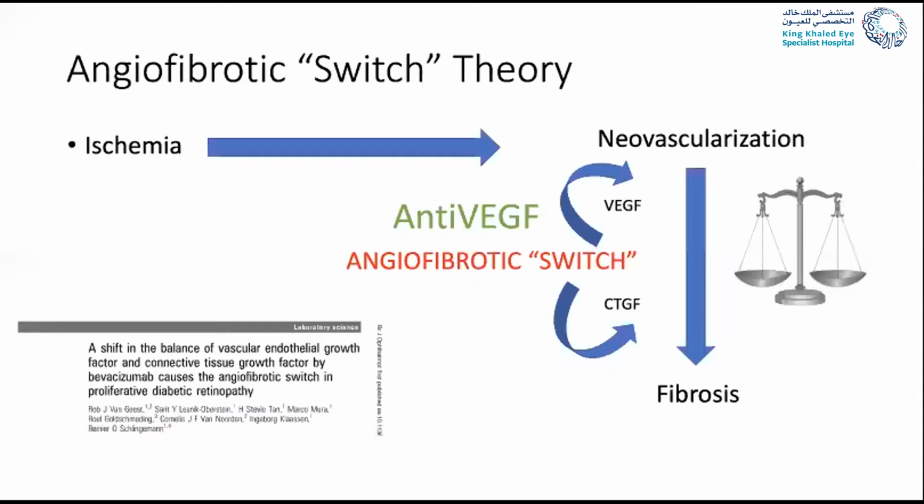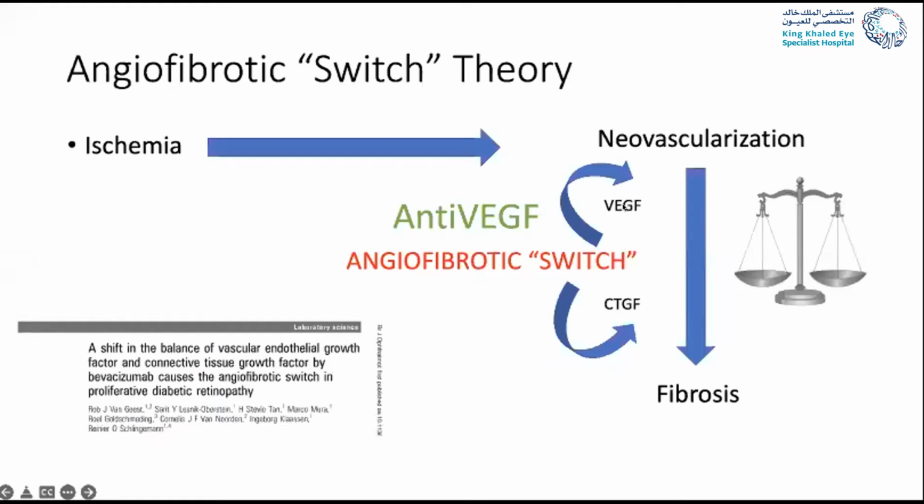I have a small schematic of the angiofibrotic switch theory. So basically we have a microenvironment that has ischemia, right? And this is typical in all proliferative retinal disease. So VEGF released in a state of ischemia will lead to neovascularization.